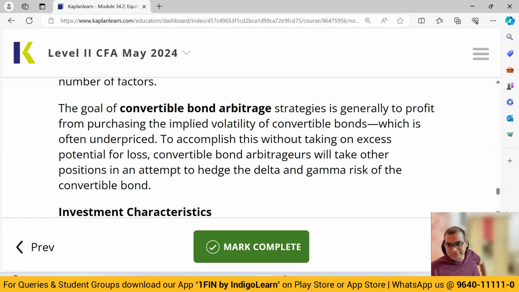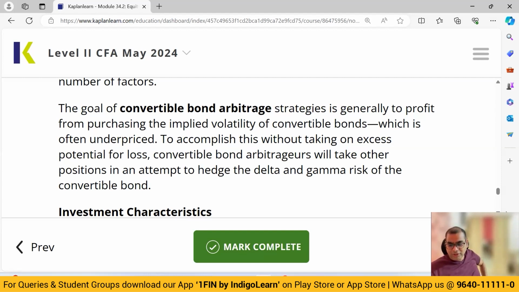No, Black-Scholes. Yeah. So when you're buying a convertible bond, you're going long on an option. Basically, you're going long on volatility. When you're buying a convert, you're also buying a bond and an option along with it. Yes. So when you're buying an option, you're buying volatility.